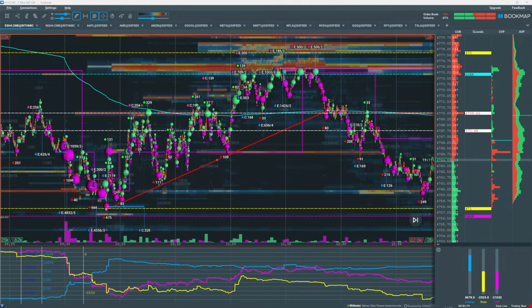Not quite the size as they were buying, but you can see from the on-chart indicator, all these sell iceberg orders, shown in pink there. Not the size they were buying, but enough to help push price lower.